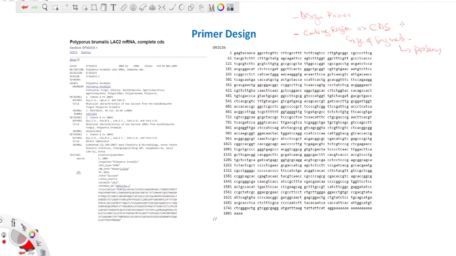All right. So when you're presented with a GenBank page like this of a protein, for instance, this is a laccase from Polyporus brumalis, which is probably a fungus. Yes, we have a fungus there. You look out for the size. So this is the size of your fragment, and you also pay attention to this, the CDS.